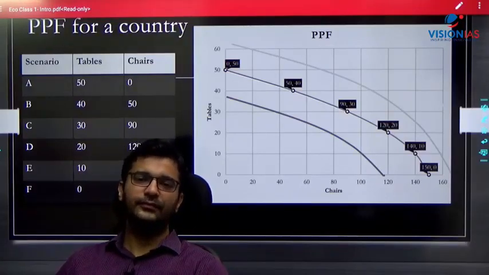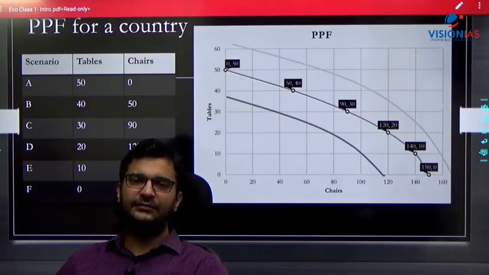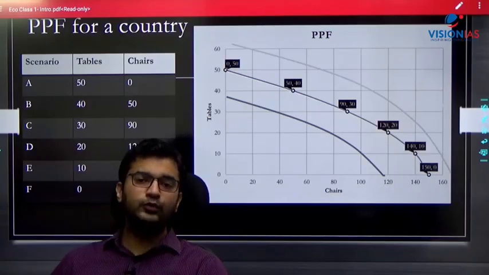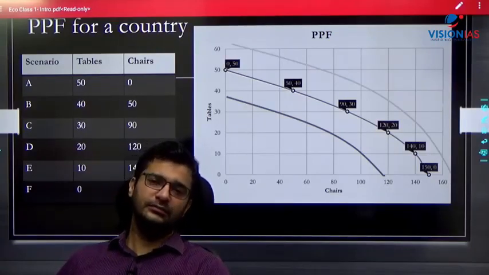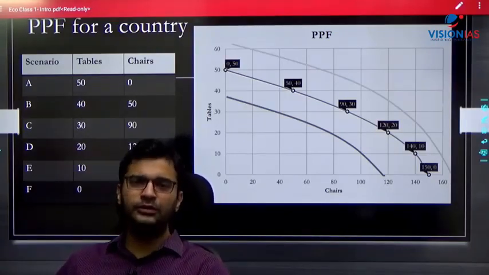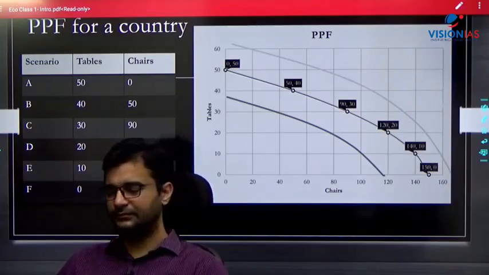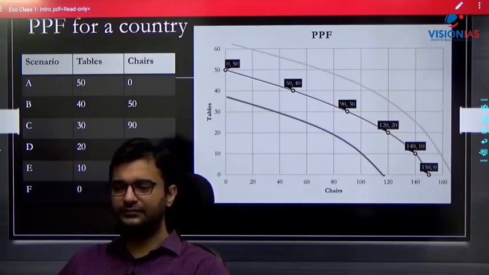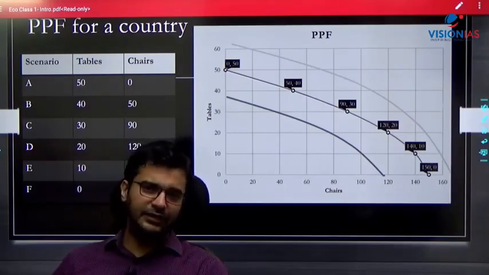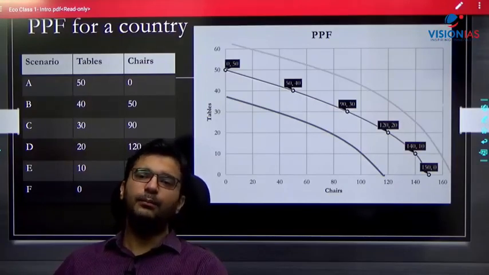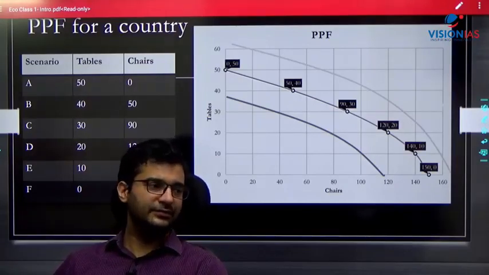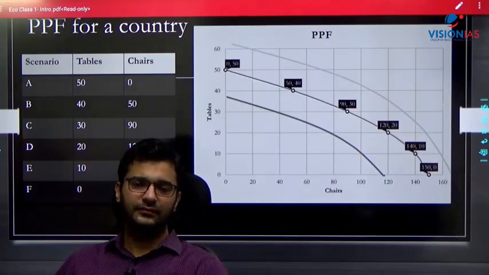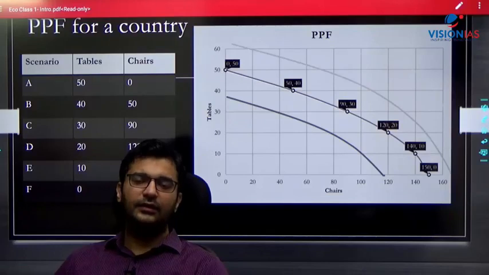At the same time, an output more than the optimal is desirable but not possible.